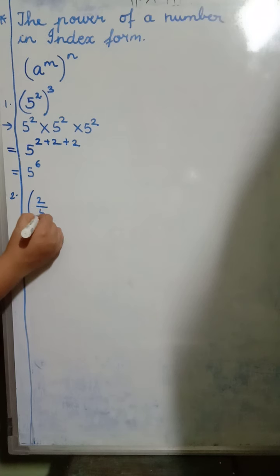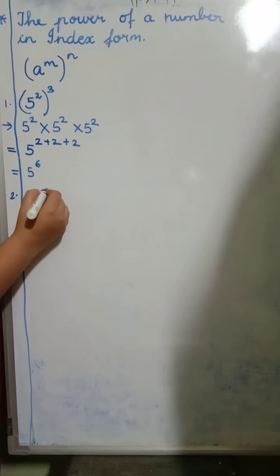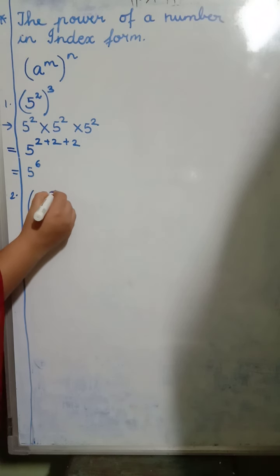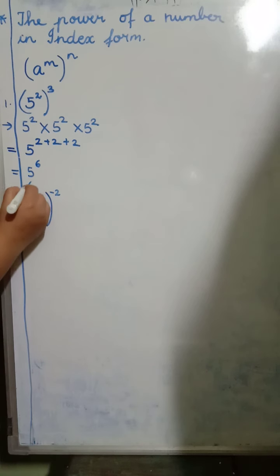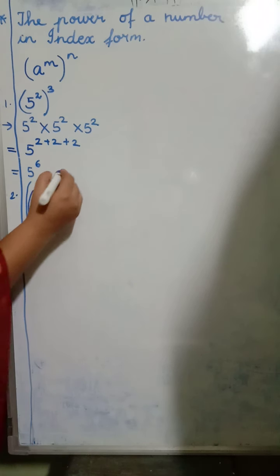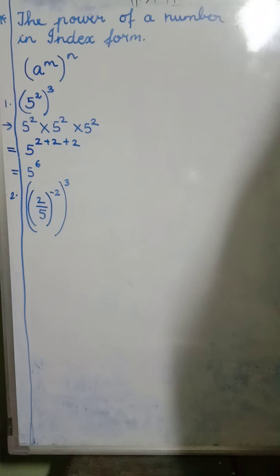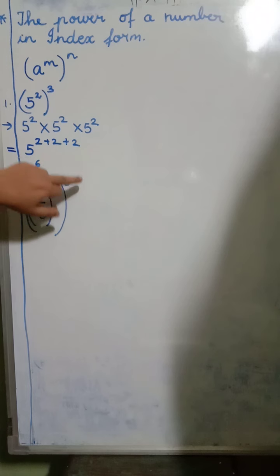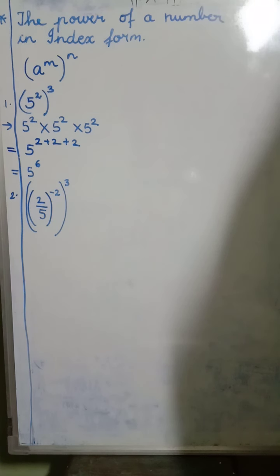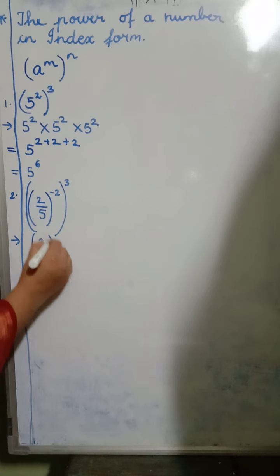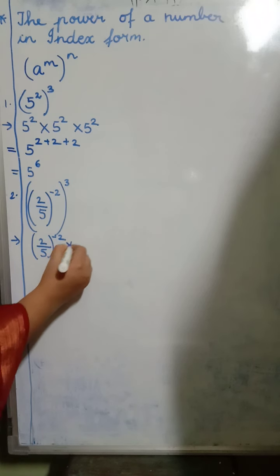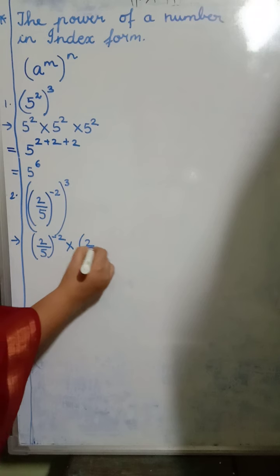Now if we take one more example, that is 2 upon 5 raised to negative 2, and the power of this is 3. Did you understand here, children? This is index form. The index form's power is 3, which means we have to write 2 upon 5 raised to negative 2, 3 times.